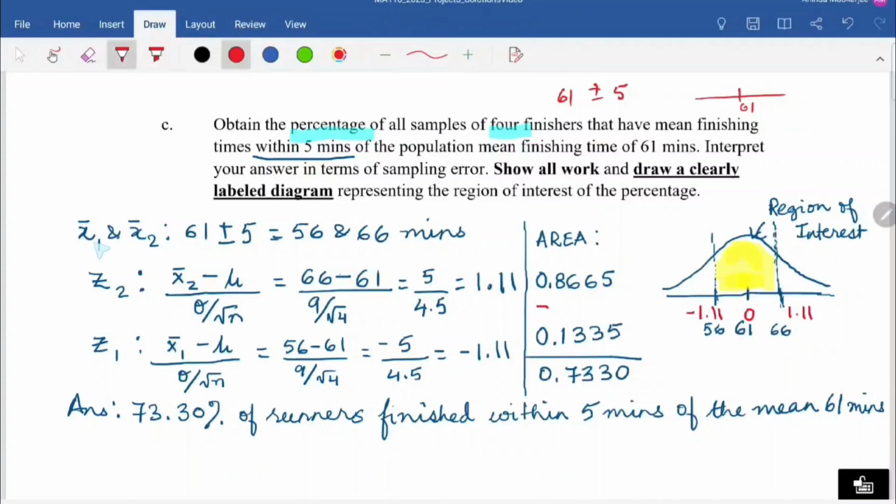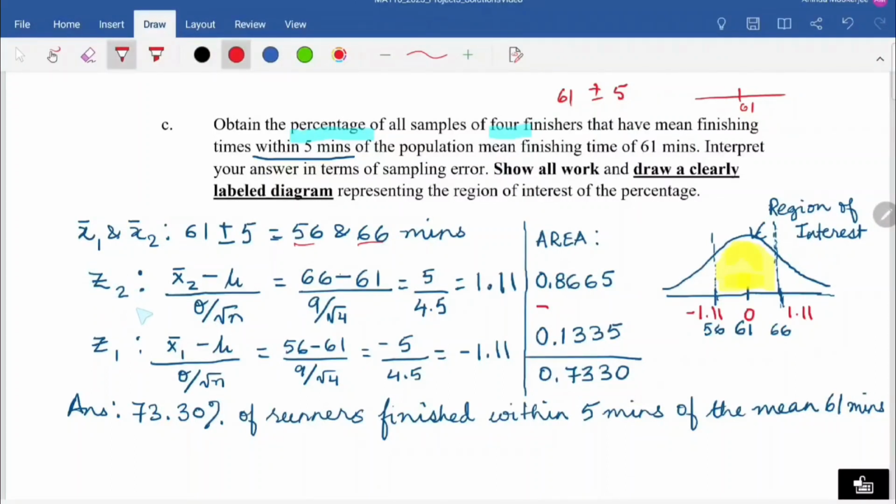So our x bar sub 1 and x bar sub 2 are going to be 61 plus minus 5, to give us 56 and 66 minutes. And we have to find the area between these two sample mean values.